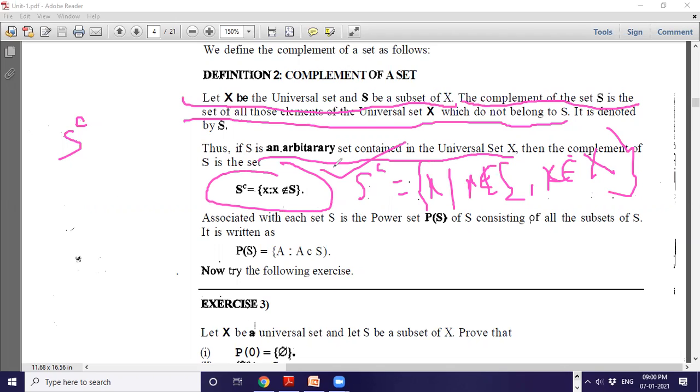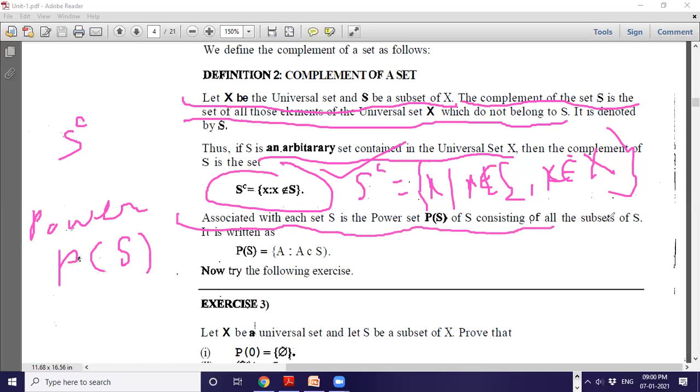Similarly, if this concept of complement set is clear, then we have the next term, power set. And we represent power set with the term P. So power set: associated with each set S is the power set P(S) of S consisting of all the subsets of S. ठीक है.